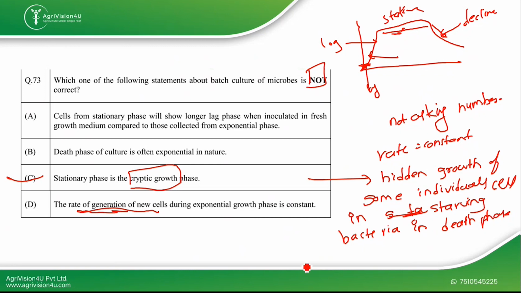This is hidden growth, like you cannot see this growth distinctly. So in those bacteria, some individual cells have hidden growth, and this happens in the death phase. So stationary phase is the cryptic growth phase? No, it is the death phase that is the cryptic growth phase. So if instead of stationary here there was the death phase, then it would be correct. But the question is about the wrong statement. So option C is the correct answer.